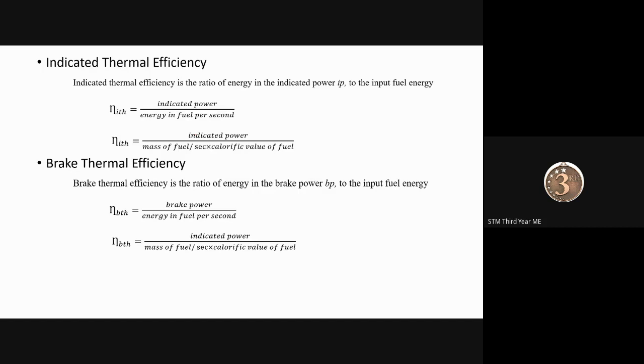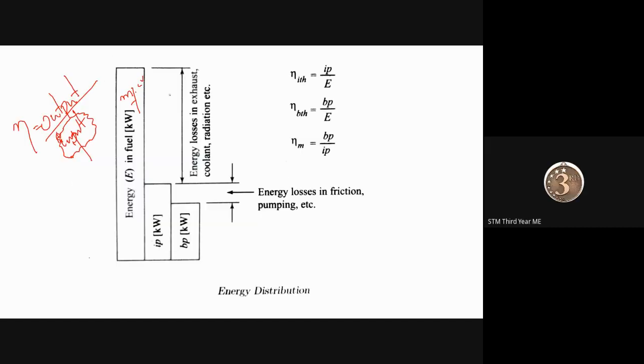Okay, understood? Yes, sir. Okay, similarly in the case of brake power also the same scenario is here. The total input will be the same, right?